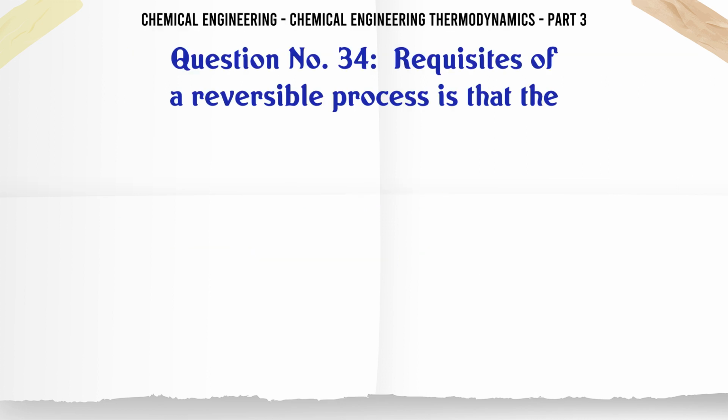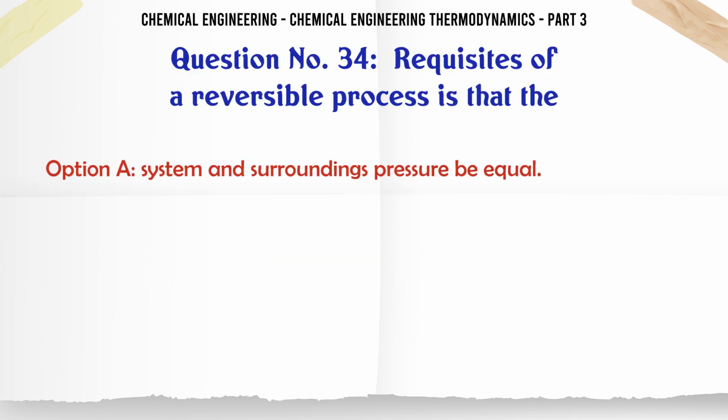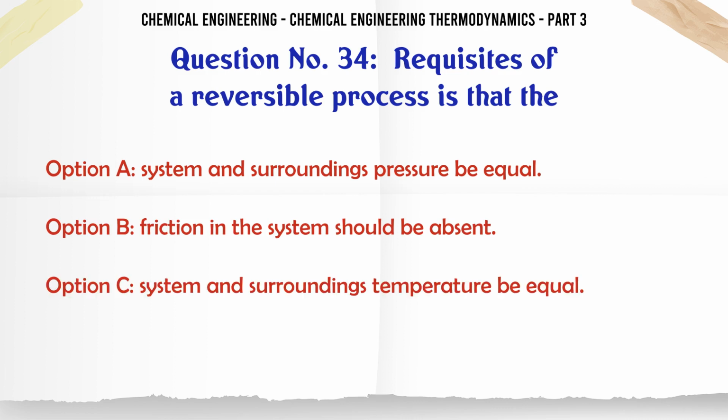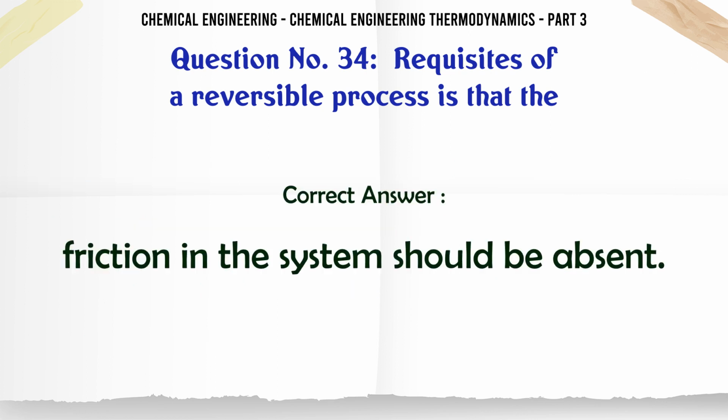Requisites of a reversible process is that the A. System and surroundings pressure be equal. B. Friction in the system should be absent. C. System and surroundings temperature be equal. D. None of these. The correct answer is friction in the system should be absent.